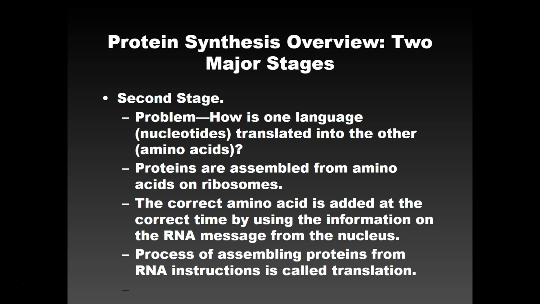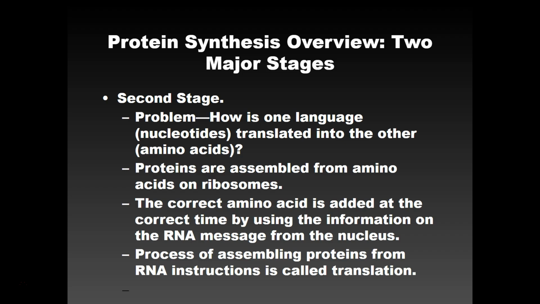In a moment, we're going to talk about how nucleotides are translated to amino acids. Okay, and proteins, like I was saying in the last video, are assembled from amino acids on ribosomes.